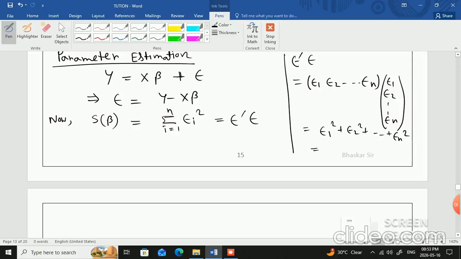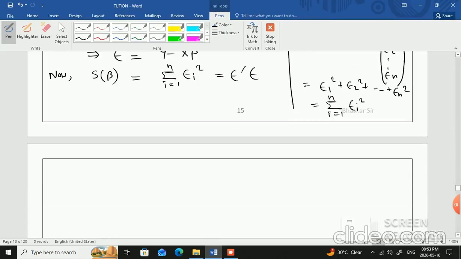Matrix multiplication, that is also known as summation i running from 1 to n epsilon i square. So we can write summation epsilon i square equal to epsilon dash into epsilon. The value of epsilon is y minus X beta, its transpose into y minus X beta.